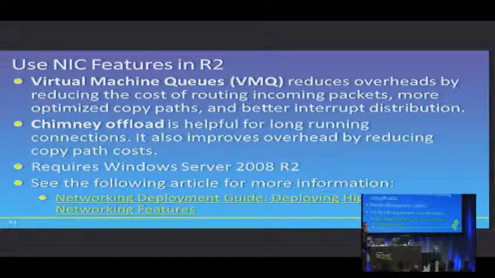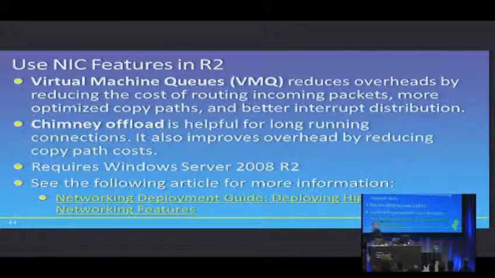The next point is we actually have a ton of support for various hardware offloads that are out there for virtualization today. We have support for the VMQ technology. We have support for Chimney, for TCP/IP offload, for jumbo packets. The list goes on. The bummer about this is they're all actually really hard to turn on.